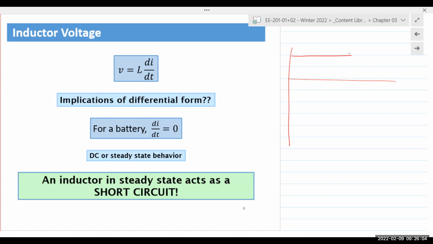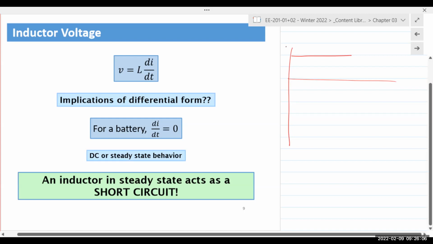But if this is the input and this is the inductor output, it cannot instantly jump to this portion. So if this is, let's say 2, the inductor will take some time to actually reach that 2.